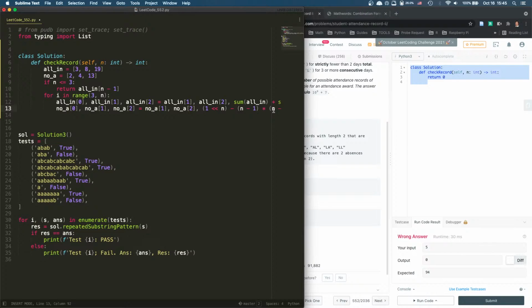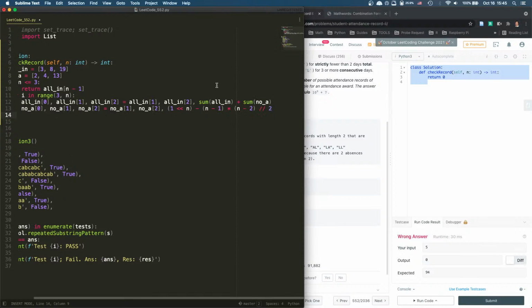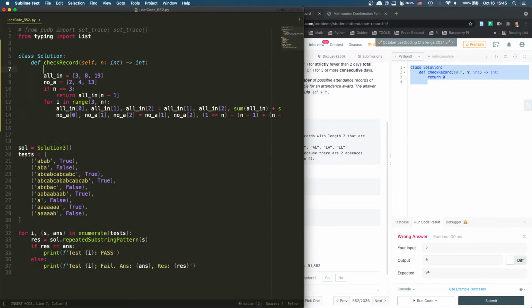So we do this, and then we keep going until the end. But we need to modulo. So we have to modulo this. So mod is equal to 10 to the 9 plus 7.